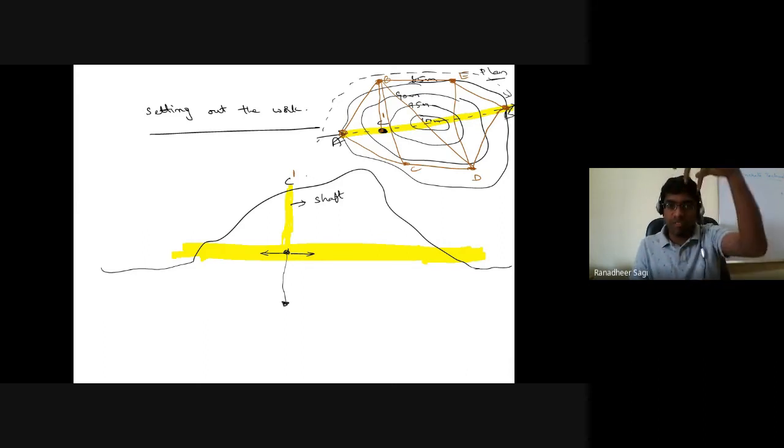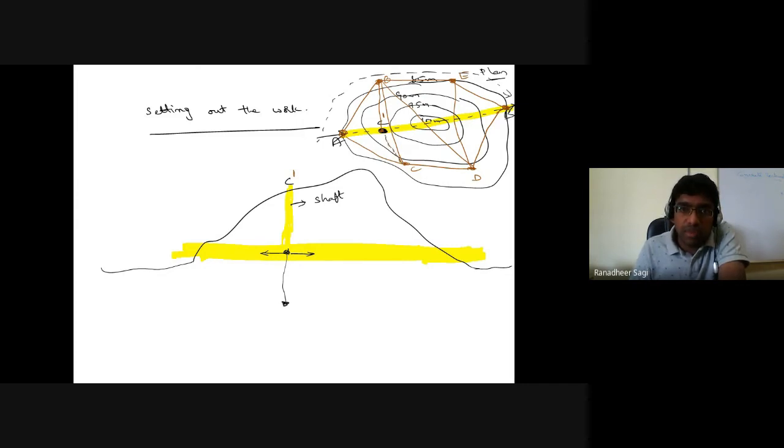You are making a vertical excavation into the hilly region. From station C to station C dash, I'll bisect it and measure this angle here, with the position of station B to station C dash.